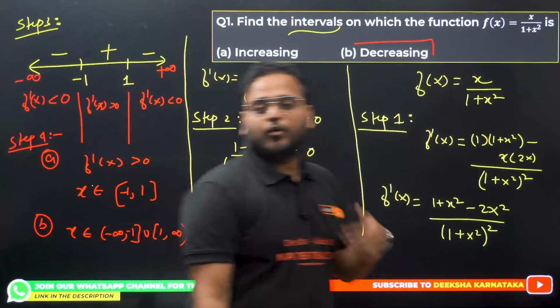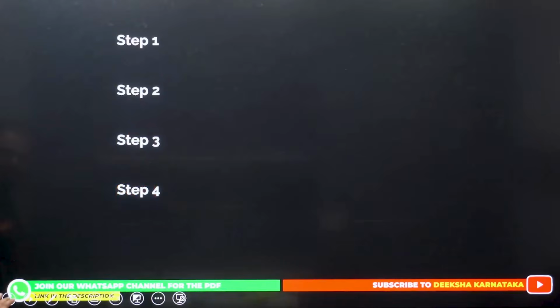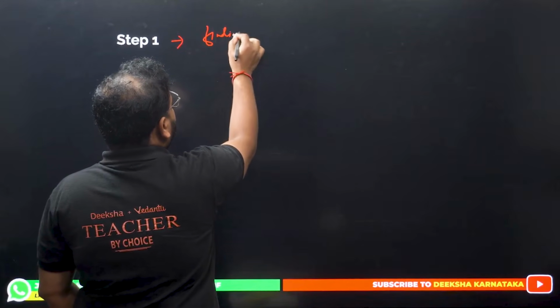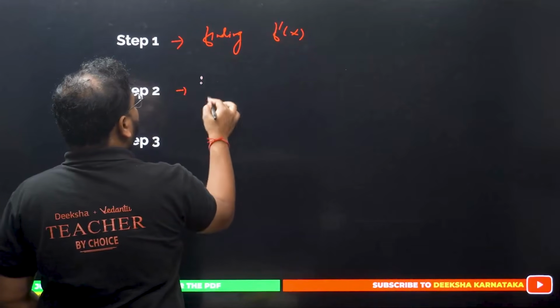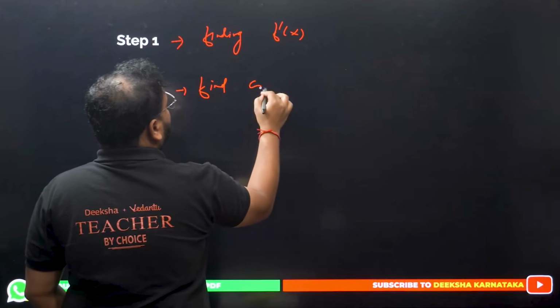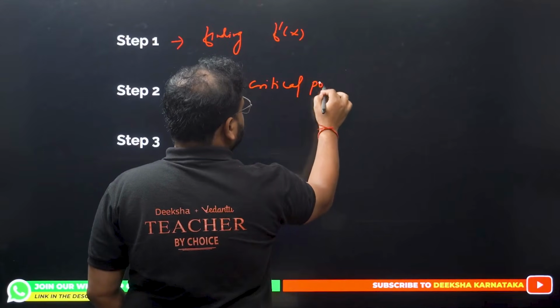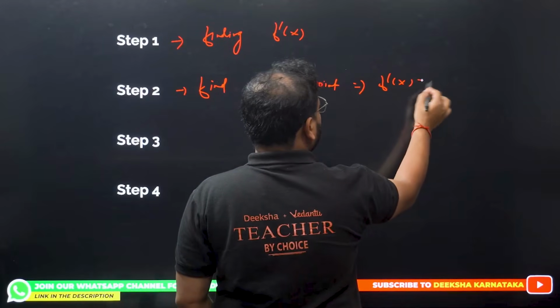Now if you go back to this, have a look. You can write step number 1 is finding the derivative, finding f dash of x. Step number 2, find critical points. How do you do that? f dash of x equal to 0.